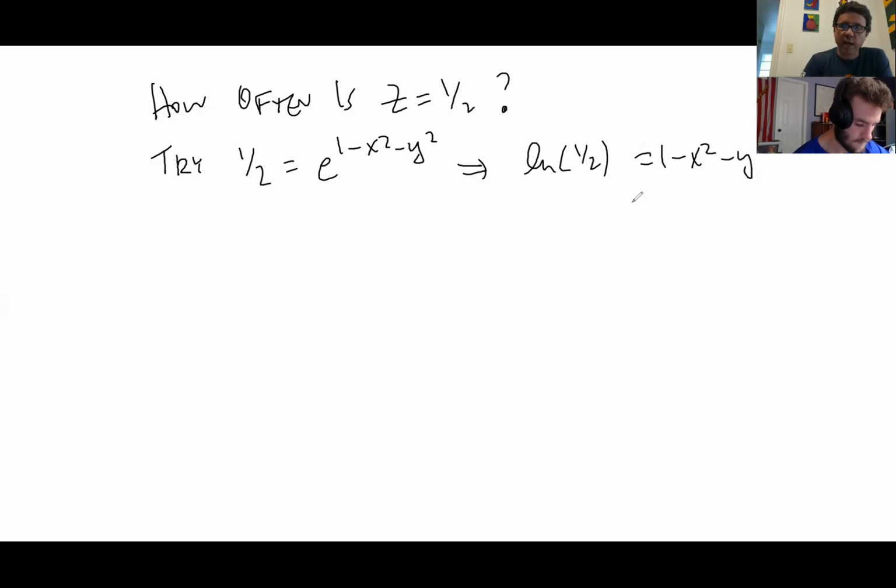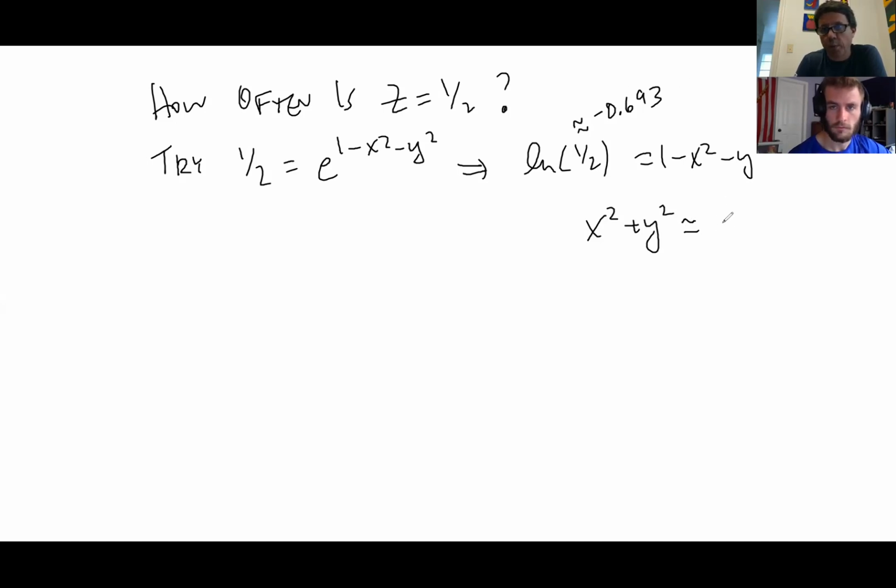The natural log of a half is approximately negative 0.0693. So if you then solve this out, x squared plus y squared is approximately, bringing it to the other side, 1.693.